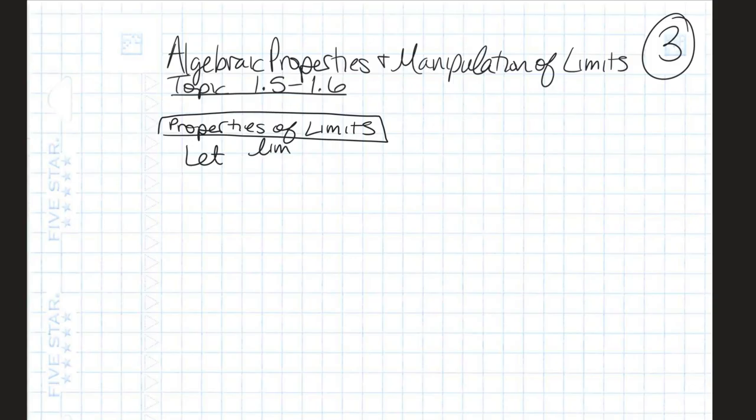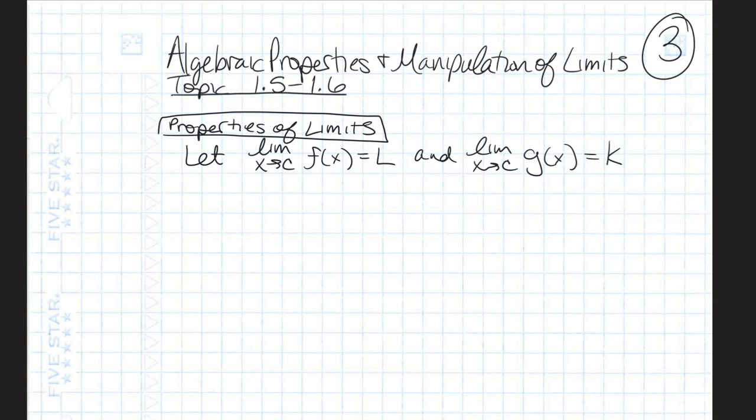We're going to let the limit as x approaches c for f of x be this large number L, and we're going to let the limit as x approaches c for a function g of x be the number k. So we're pretending we have 2 limits. They both have a limit. One of them is to the limit L, and one of them is to the number k.